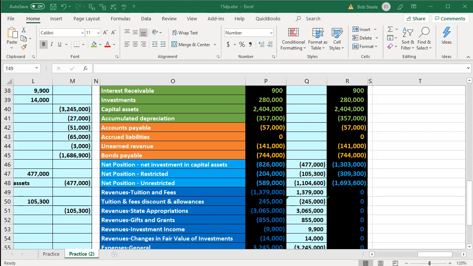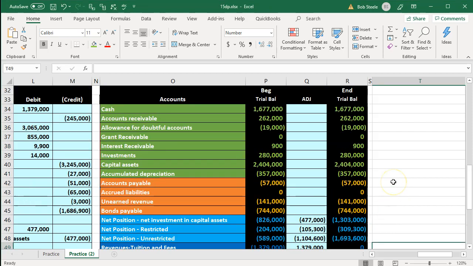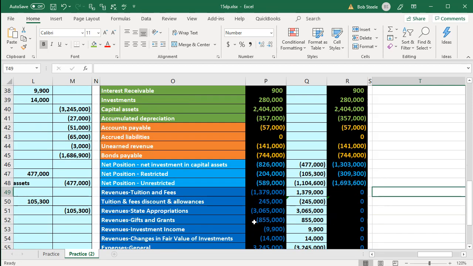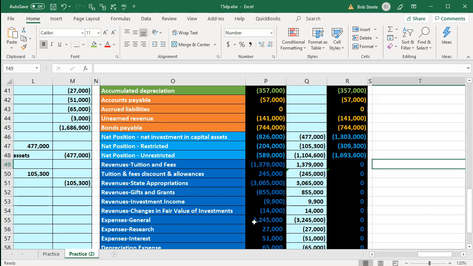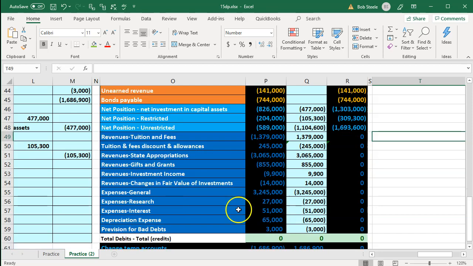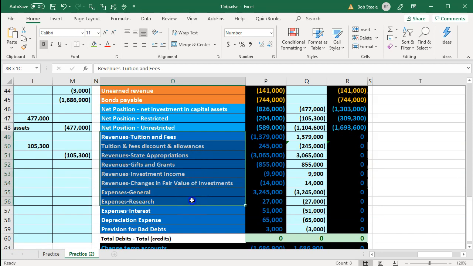We have our post-closing trial balance now, showing assets, liabilities, and then the equity section, being the net position section, not showing any temporary accounts. For a for-profit organization those would be the income statement accounts, here being the statement of activities. Same concept. They have been closed out.